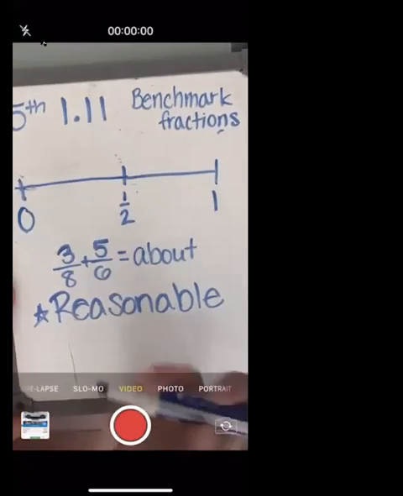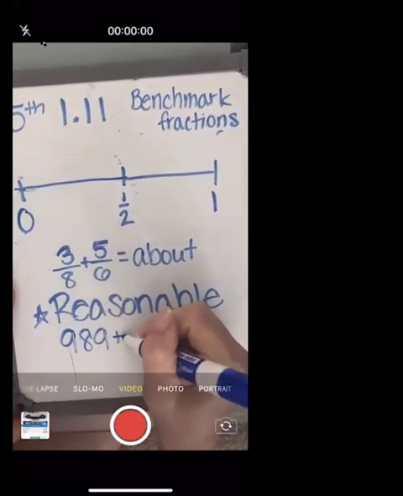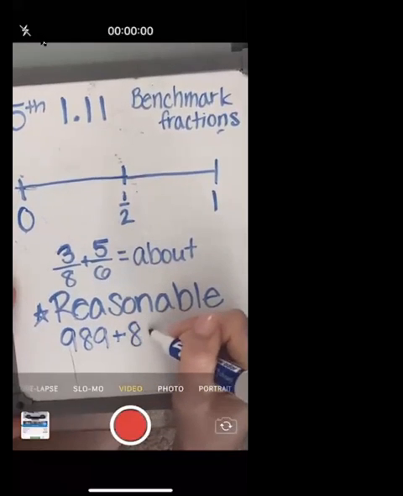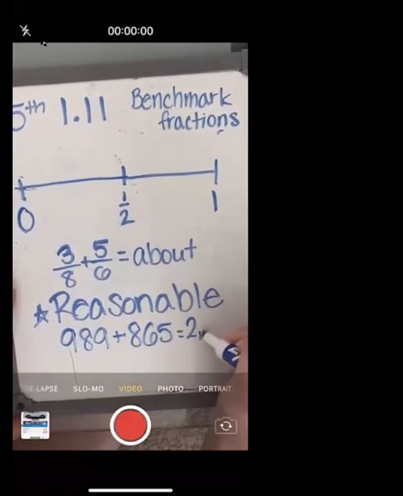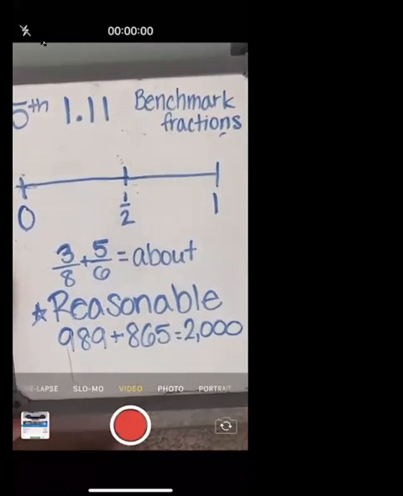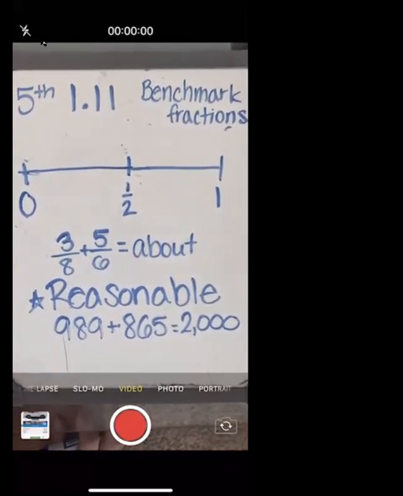What if I said 989 plus 865? Would a reasonable answer be 2,000? Take a quick second to think. Does anyone have an explanation? For this? You said yes, and why would you say yes?